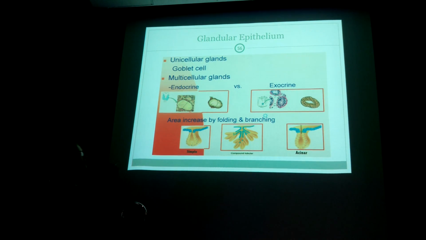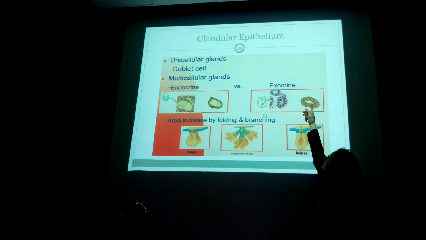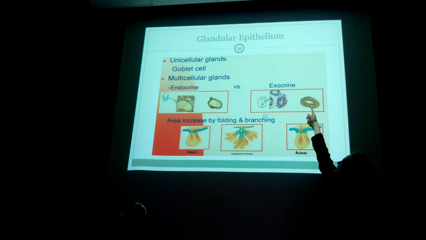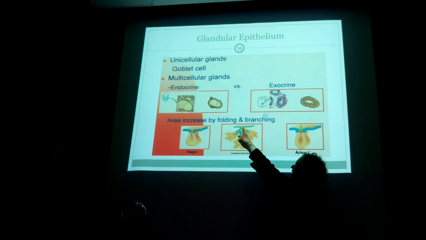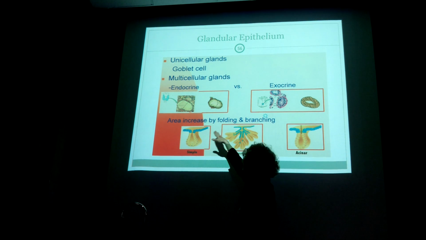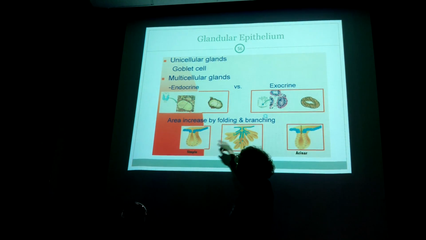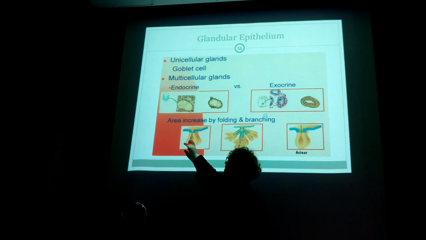An exocrine gland, instead of going directly into the bloodstream, releases its product into a duct, and then the duct goes to wherever it's going. When I said folding and branching, a very simple exocrine gland would just have a bulb here.